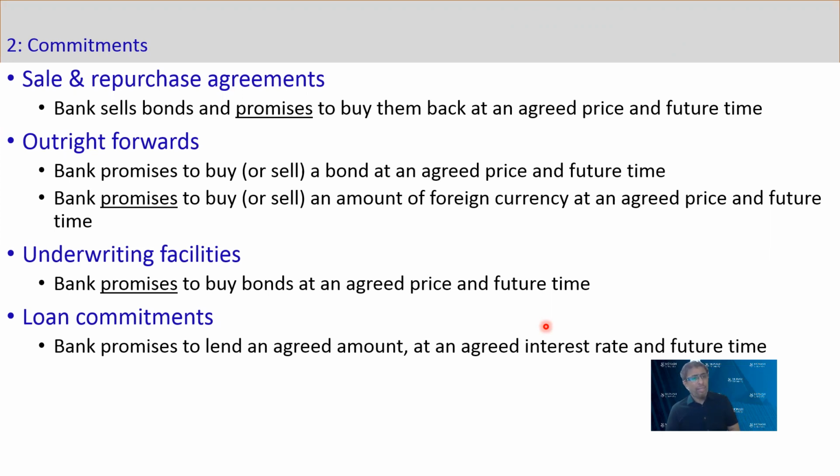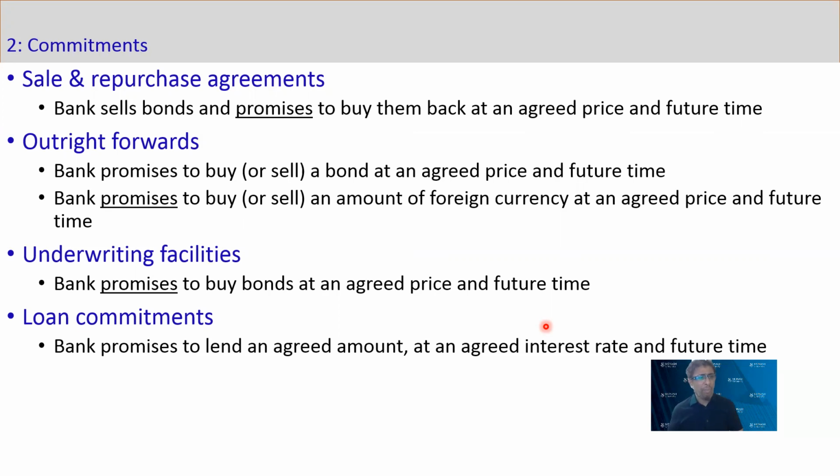So they ask the bank to provide them some type of guarantee in the future. If this customer is planning to issue the bonds next year, the bank guarantees to buy them or sell them after 1 year. In this case, it becomes off balance sheet.